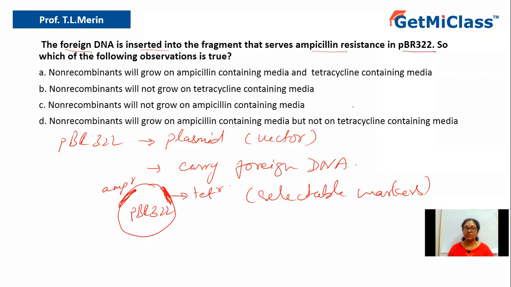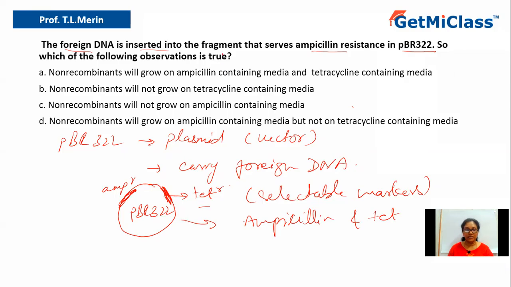The organisms where PBR 322 is present naturally have resistance towards both, so they can grow in the presence of ampicillin and tetracycline. Why? Because they have both the ampicillin resistant gene and the tetracycline resistant gene.